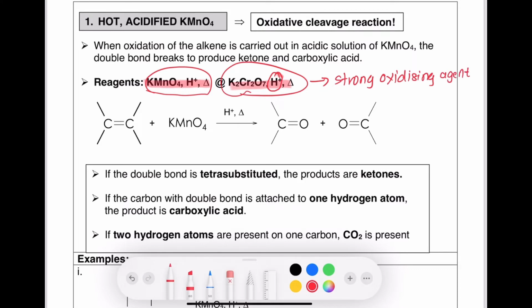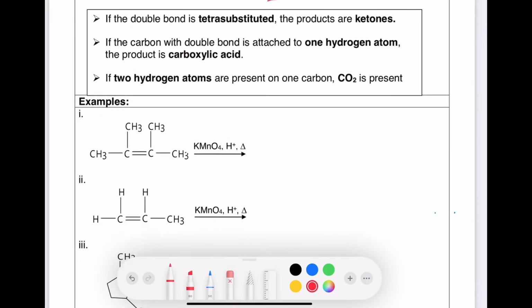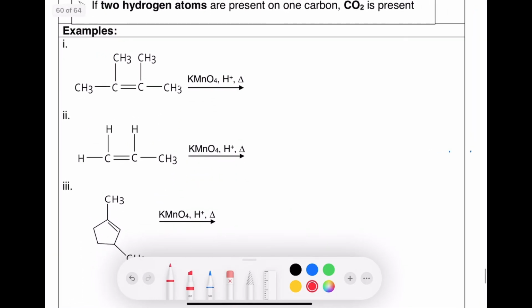Unlike what happened in ozonolysis, where the double bond will be broken and you get the product, whenever you react this alkene with potassium permanganate or potassium dichromate, if the product that you get can undergo more oxidation, then it will be oxidized more. I'm going to explain more about this. Now, I will go directly to the example.